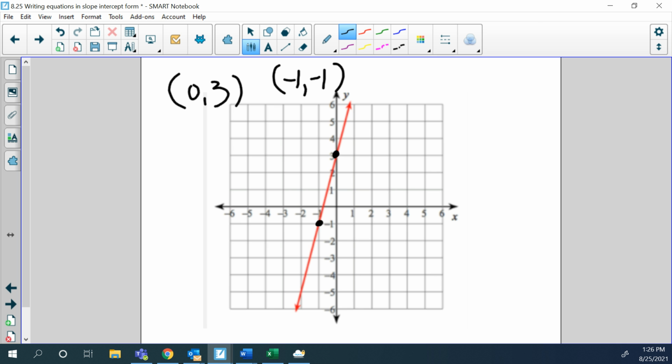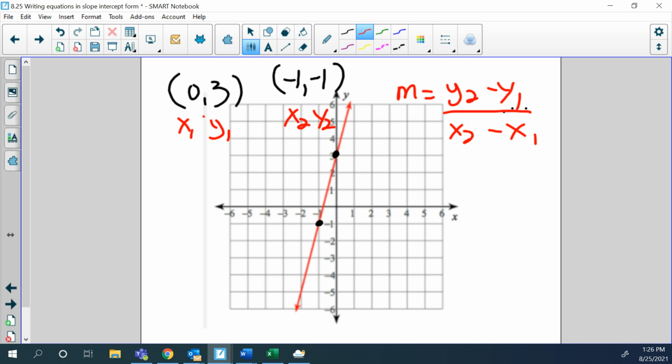And so we're going to identify our x1, y1 and our x2, y2. This is my first point, so I'm going to make it my x1, y1. This is my second point, it's going to be my x2, y2. And so remember the equation for slope: m is equal to y2 minus y1 over x2 minus x1.